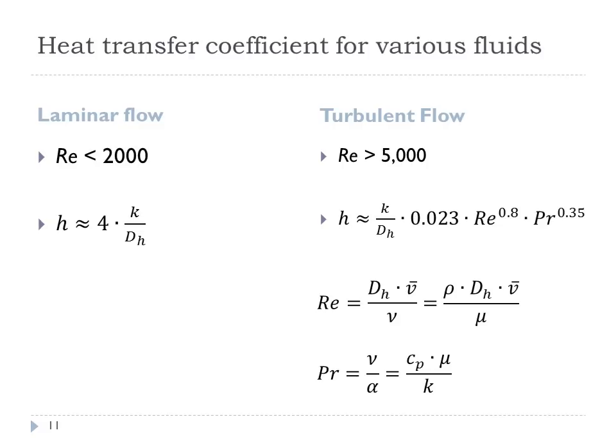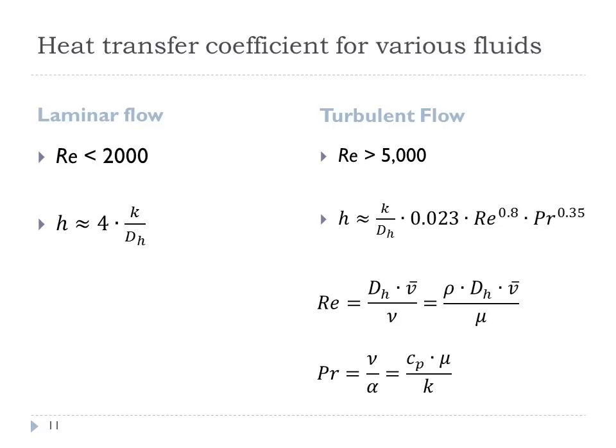In that case, the heat transfer coefficient is approximately 4 times the thermal conductivity of the fluid divided by the hydraulic diameter, d sub h. The hydraulic diameter is a ratio of the perimeter and area of a tube. So it's a constant times the thermal conductivity divided by the hydraulic diameter.